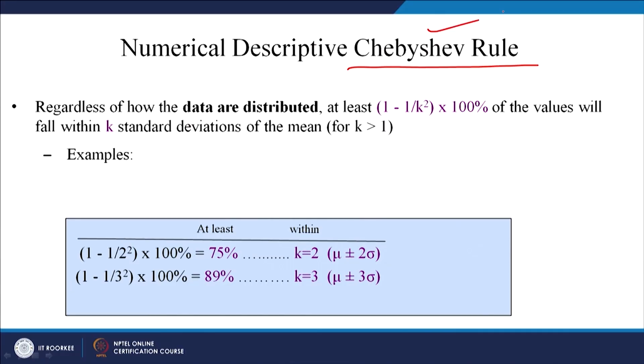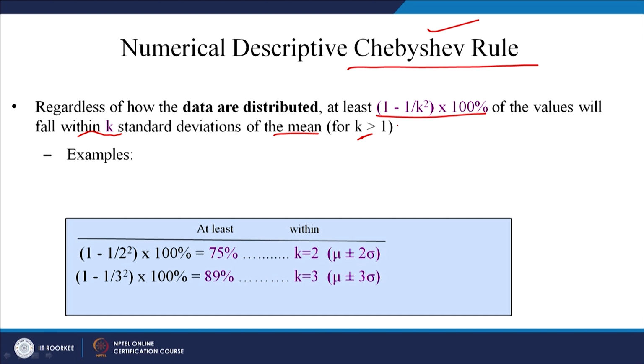So, if the distribution is not normal, then according to the Chebyshev rule, at least this much percentage of values will fall within k standard deviations of the mean. Here k ranges from 1 to any other number, 1, 2, 3, 4 or whatever it is.